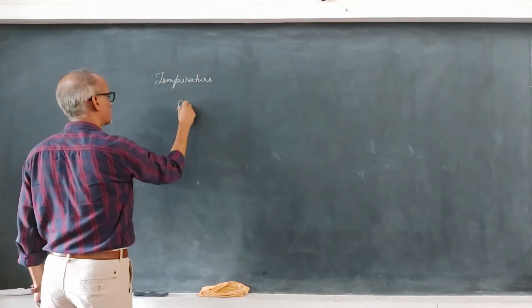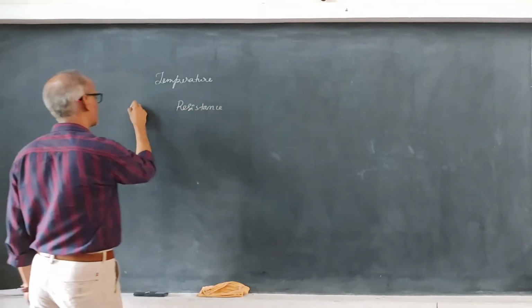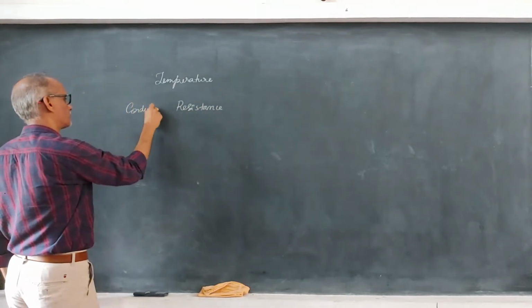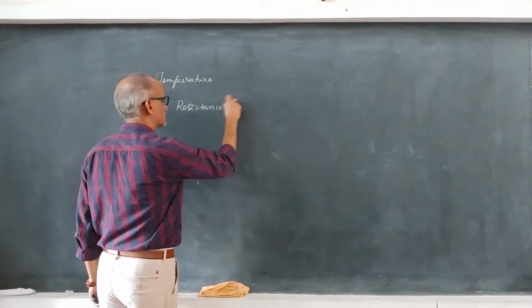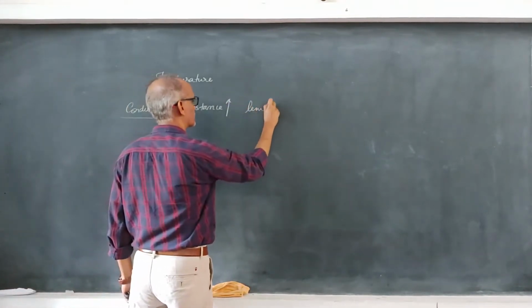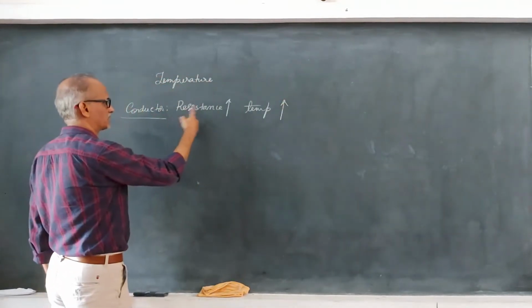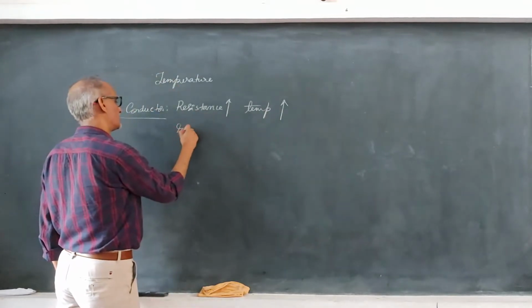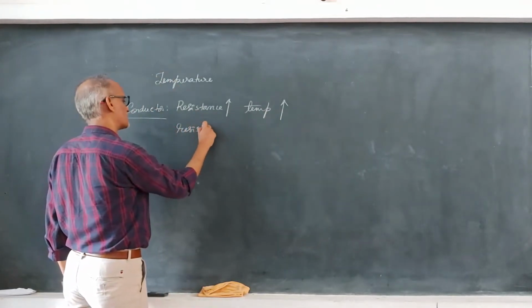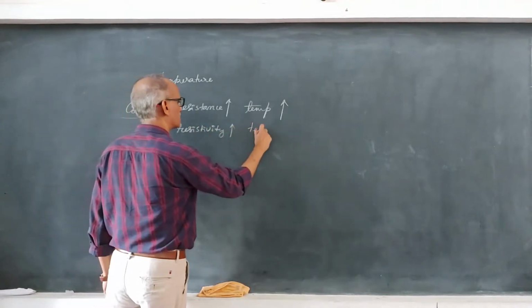So, resistance of a conductor increases with increase in temperature. Not only resistance, but even resistivity as well increases with increase in temperature.